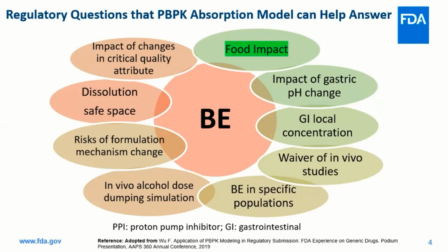They are all related to BE assessment, including evaluating the impact of changes in critical quality attributes, setting dissolution safe space, assessing the risk of formulation mechanism changes, etc. The PBPK absorption modeling can also be used to predict the impact of food and gastric pH change on BE, predict GI local concentrations, support waiver of in vivo studies, and BE assessment in specific populations. In this presentation, I will first introduce the research highlights on using PBPK modeling to evaluate the food impact on BE.